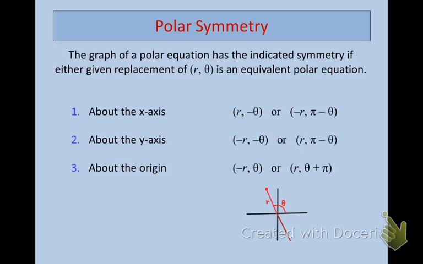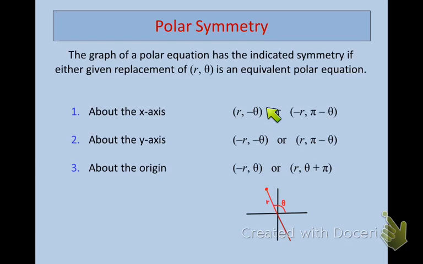And that is symmetric about the origin then. Notice that if I kept the r positive and just added pi to theta, doesn't that take me to the same exact spot? So these two things are actually equivalent.